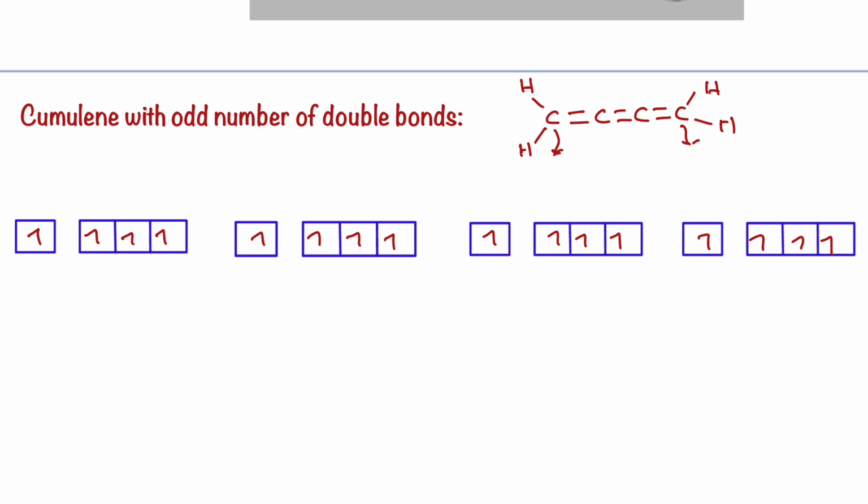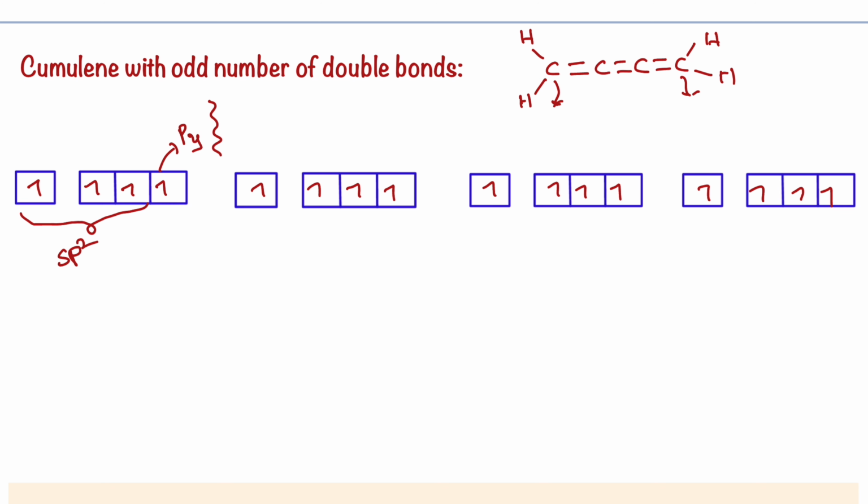This is sp2 hybridized. This is also sp2 hybridized. For the sake of convenience, this is the py orbital. The py orbital is not involved in the hybridization. This is one carbon. Here this is sp hybridized, so this is an unhybrid orbital, py orbital, pz orbital.